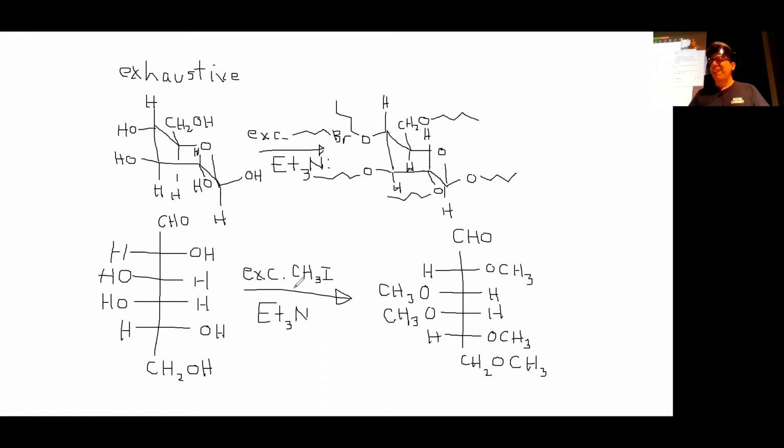By the way, just in case anyone's curious, why did I choose methyl iodide instead of methyl bromide? Well, methyl bromide or methyl chloride would be fine if you were to put that down in an answer also. It turns out, though, in real life, we like to use methyl iodide because methyl iodide's a liquid at room temperature, and methyl bromide and methyl chloride are gases at room temperature. So it's a pain to use them.